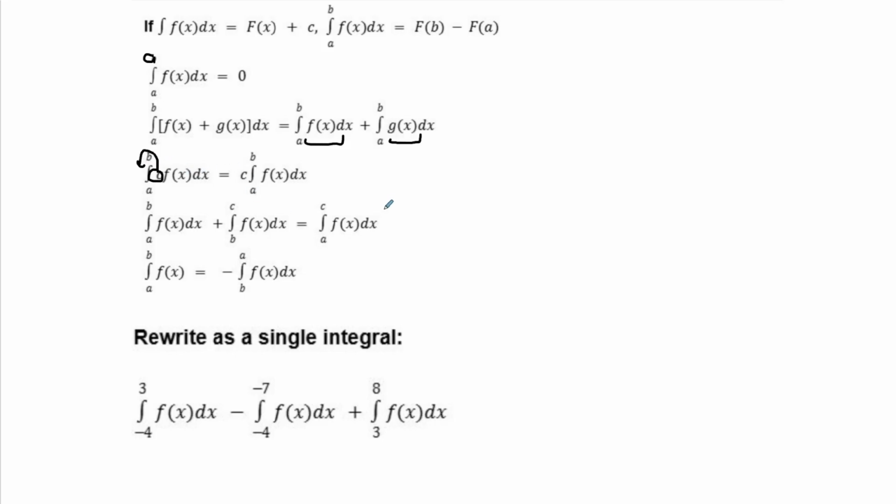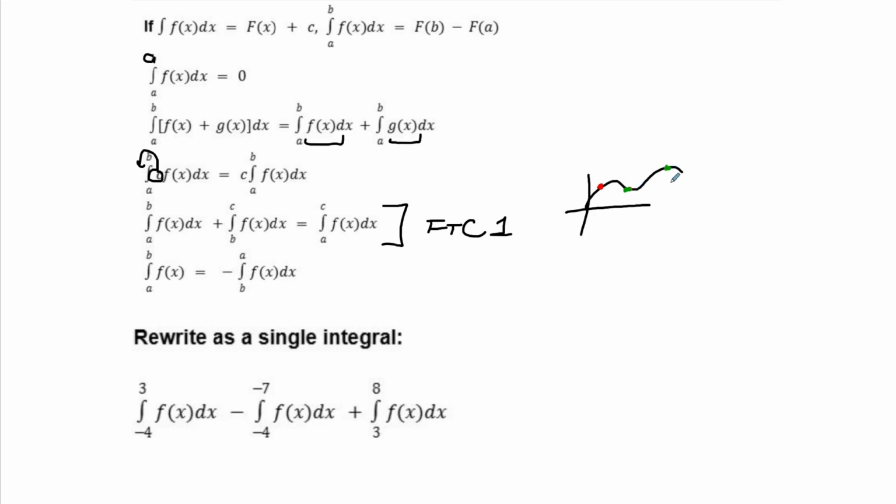Additionally, this is the fundamental theorem of calculus. Okay, this is the first fundamental theorem of calculus: if we have an integral from a to b plus an integral from b to c, that is just the integral from a to c. Basically what this means is, let's say I take an integral from here to here, and I want to add that to an integral from here, which is the same point, to here.